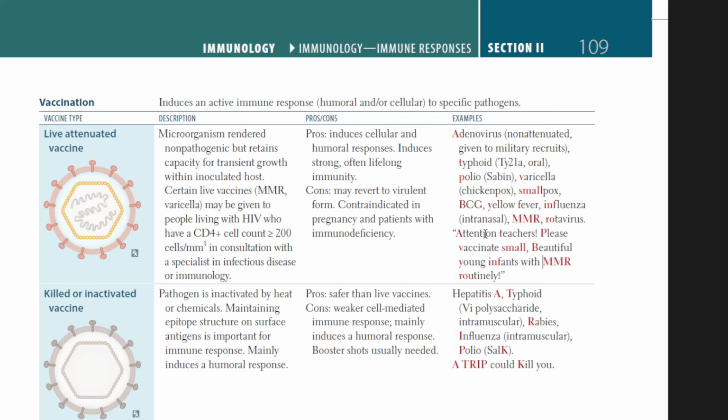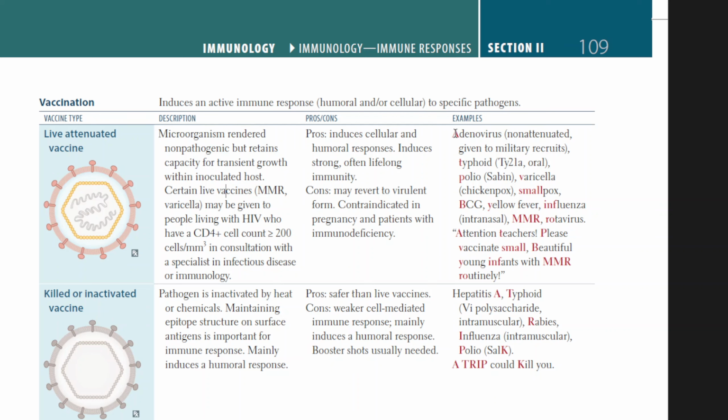I think it is high yield because I've seen questions about live-attenuated vaccines, where a patient was given a vaccine that was reduced in order to create a pathology in this patient, and then they ask you which one of the vaccines it was, so you have to pick from this list the correct answer.